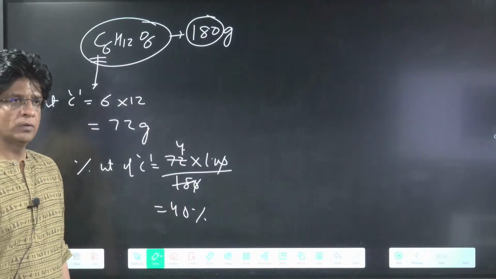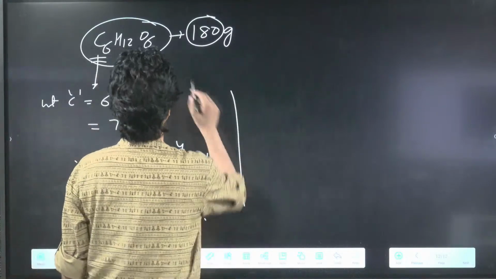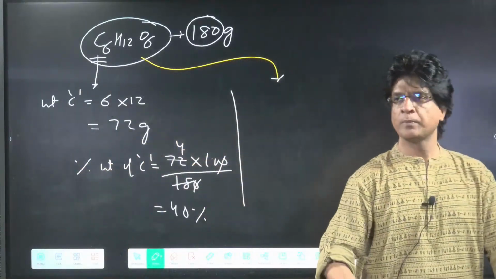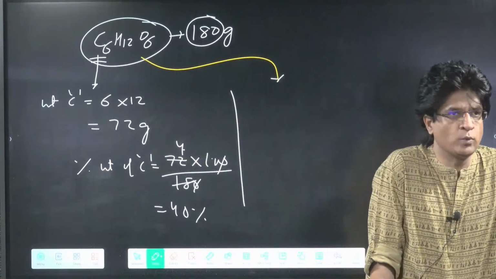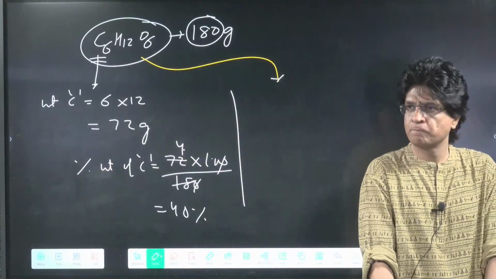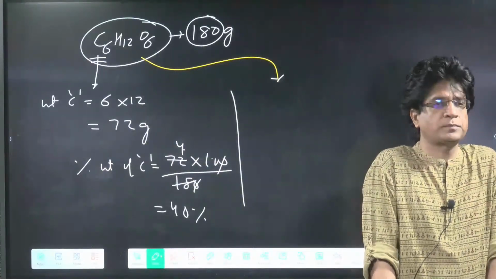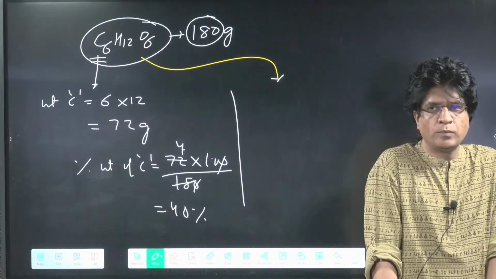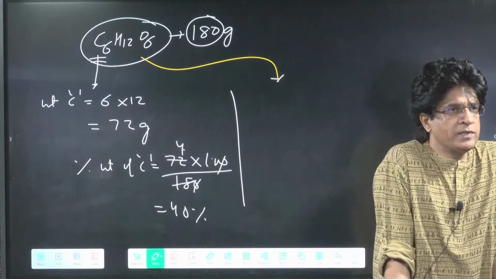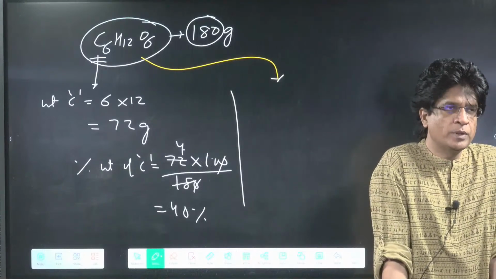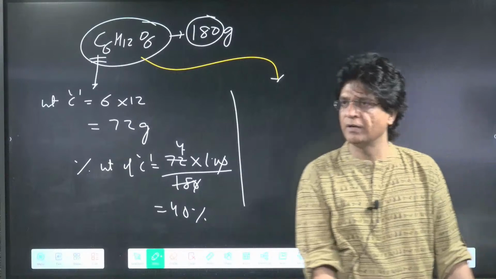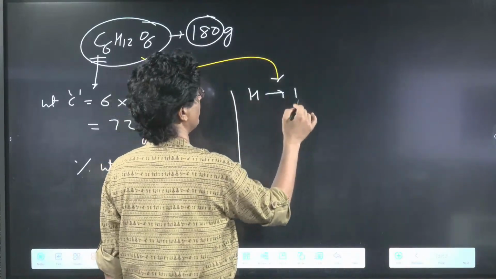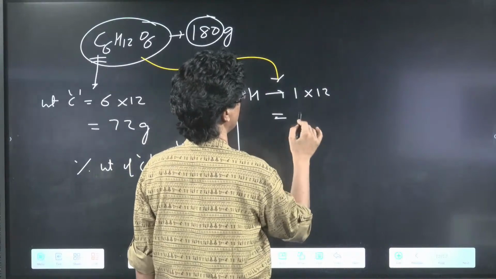Very good. Acha, who will tell me the percentage by weight of hydrogen? There are 12 hydrogen. 1 mole of hydrogen contains 1 gram. Very good. So I know that weight of hydrogen will be 1 into 12 equal to 12 gram.